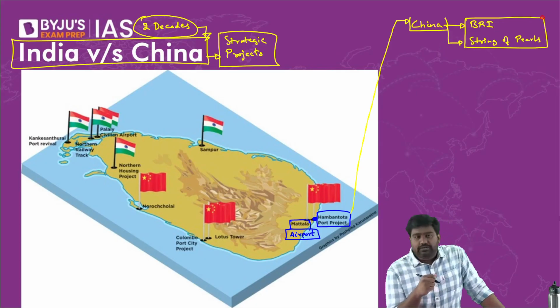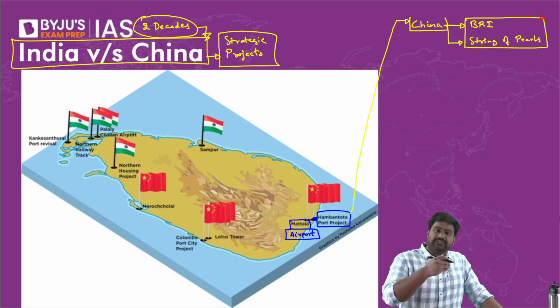The Hambantota port project was actually offered to India many years ago. Sri Lanka offered this project to India. India studied the project and realized that it is not financially viable. The conclusion was that this project will be very expensive and it will not fetch revenue to be profitable. It will become a loss-making venture. Based on this assessment, India rejected the project. We did not take it up.